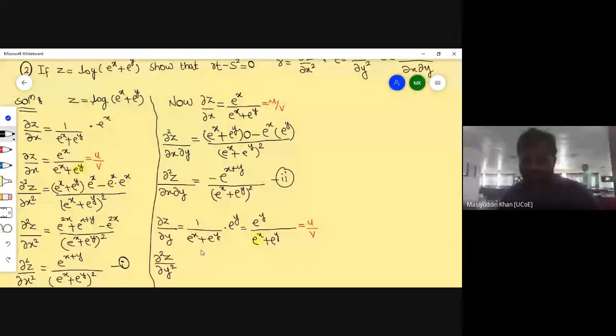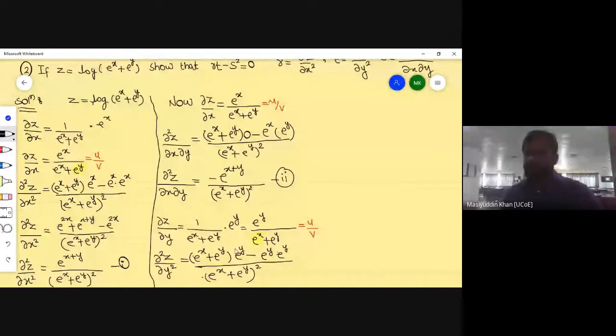So e raised to x plus e raised to y as it is, and the derivative of e raised to y with respect to y becomes e raised to y. Then minus sign, e raised to y as it is, and the derivative of this part with respect to y, you will get e raised to x 0, and e raised to y becomes e raised to y divided by v square, so it becomes (e raised to x plus e raised to y) raised to power 2.